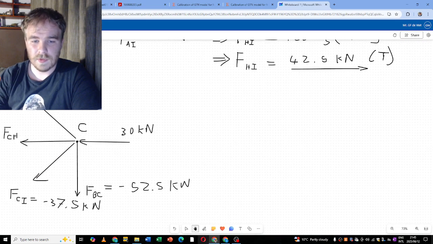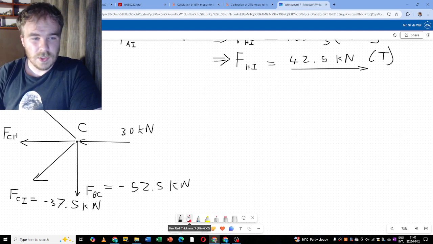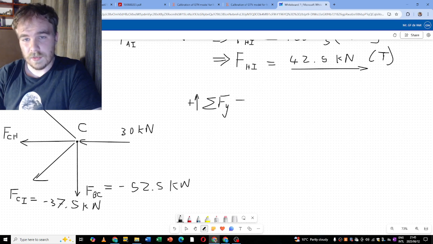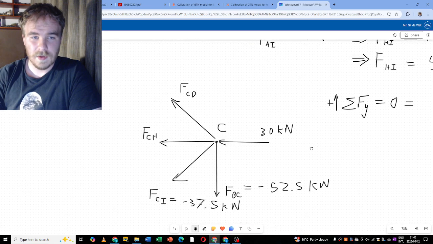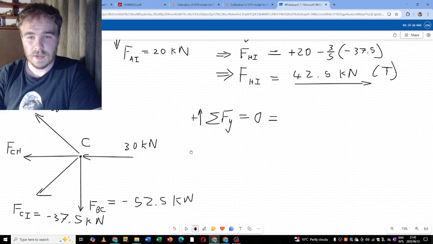Okay, let's do sum of forces. Which one are we going to do first? We'll do sum of forces in the Y direction for a change. Sum of forces in the Y direction is equal to 0 because this FCD only has one component in the Y direction.